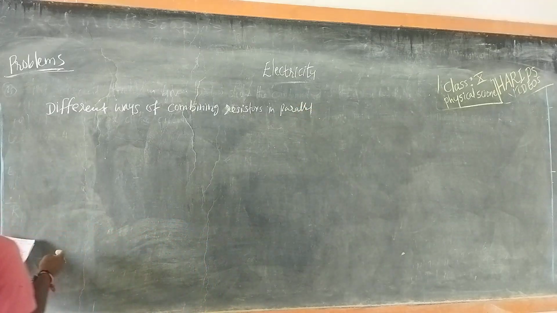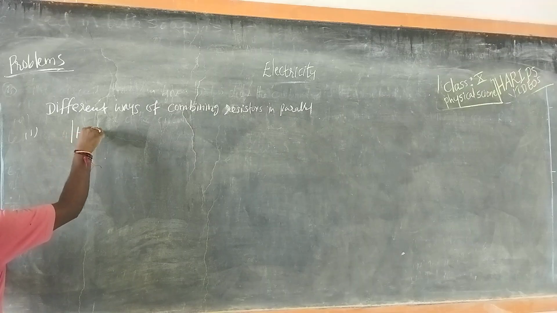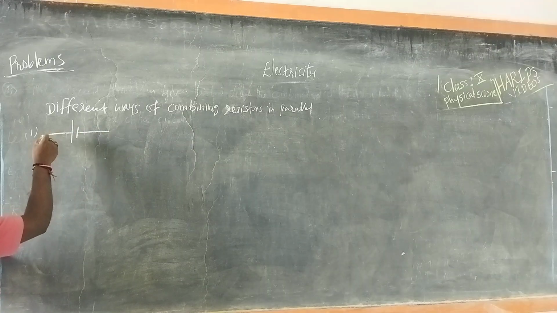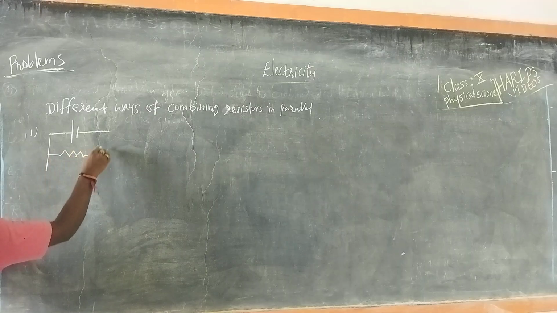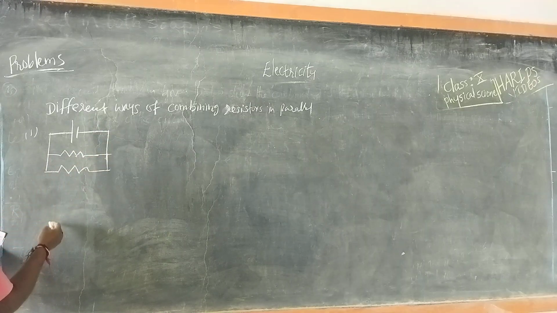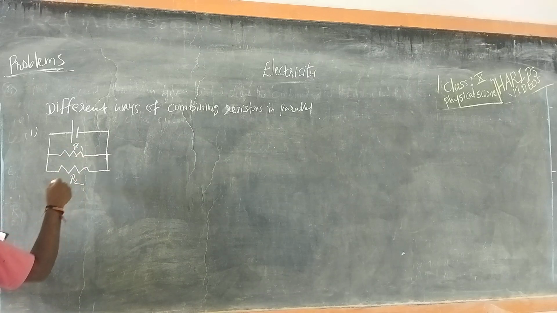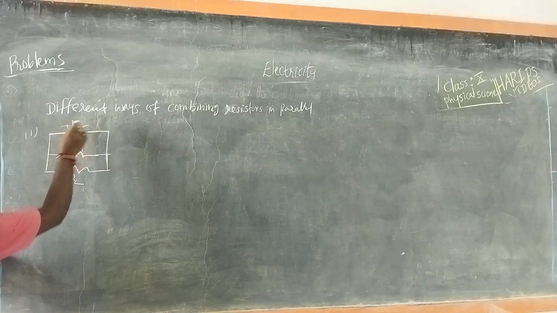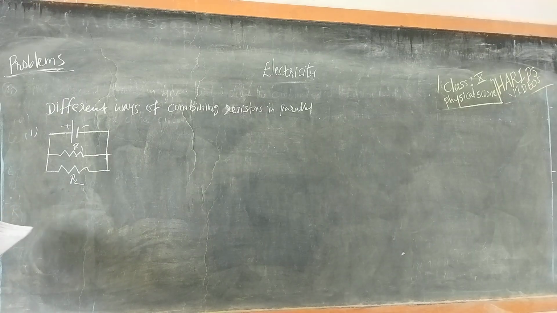So how do we connect? One is R1, R2. This is one type of parallel connection.